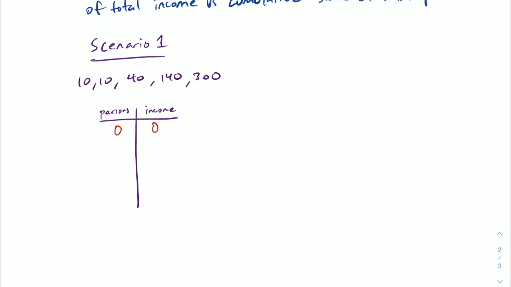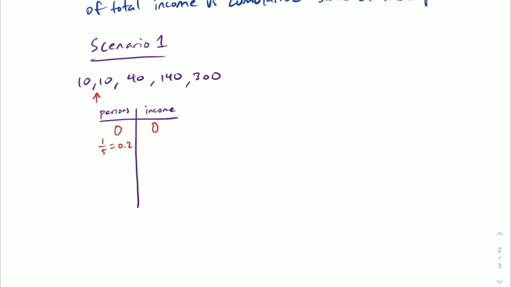Now we're going to move over this one person, and we're going to ask how much cumulative share of total persons have we gained and how much cumulative share of total income. So we've gained one person, and there's 5 persons total. So we've gained 1 out of 5 persons by moving past this person. So we're at 20% of the persons now.